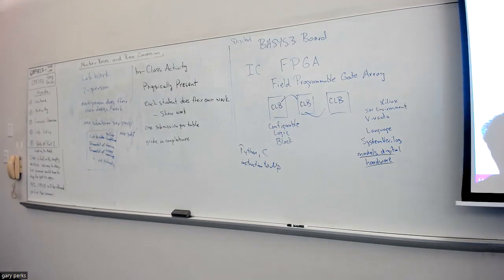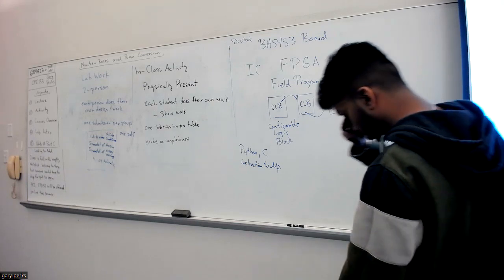You'll be able to do most of what's in that video, except you won't be able to download to the board on your own if you haven't received it yet. If you don't get it, that's something you do in class, if we have the boards in class. So you just watch the video, and as you're watching it, you can do it on your computer to learn how to do the steps.